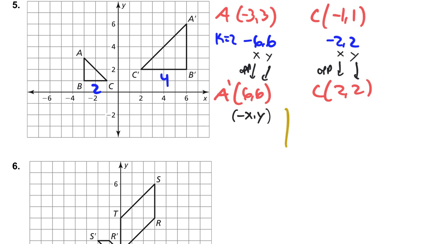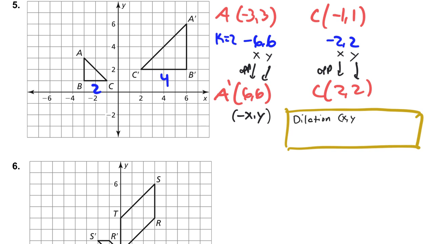So our final answer, I'm going to write this a little bit smaller, I apologize, is we started with a dilation where x comma y turned into 2x comma 2y, and then we had a reflection over the y-axis.